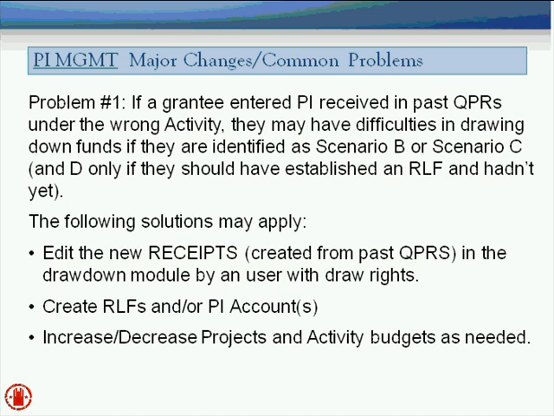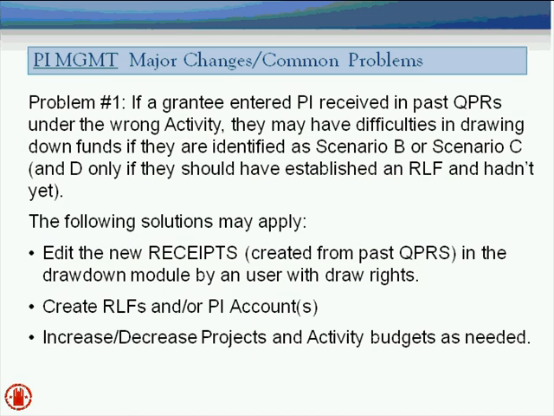Another solution is to make sure you're creating those RLF and PI accounts correctly. It might be a wrong activity, but it might not affect you because it was still under the same responsible organization. So just make sure you're analyzing how you're setting up your RLF or PI accounts. And then something else you might need to do is increase or decrease your project and activity budgets as needed.